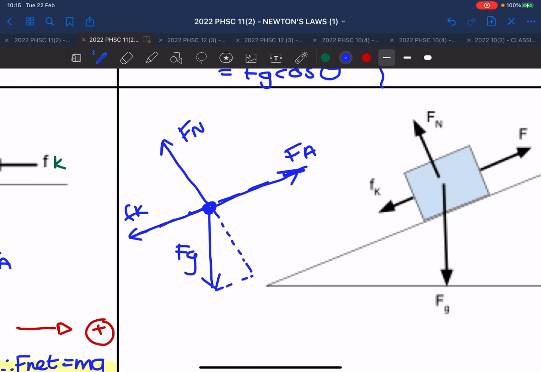You make sure that they are perpendicular to each other, because they are perpendicular components. That is very important. You put in your arrows, you give them labels. You do not make them solid lines. They must be dotted lines.